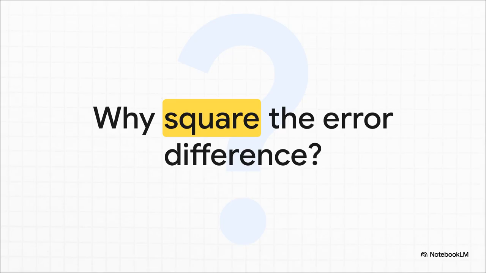Well, think about what happens if we just average out the differences. A prediction that's $100,000 too high and one that's $100,000 too low would literally just cancel each other out. The network would look at an average error of 0 and think it was perfectly accurate when it's actually failing miserably. To fix this cancellation problem, we use mean squared error to properly measure the pain.